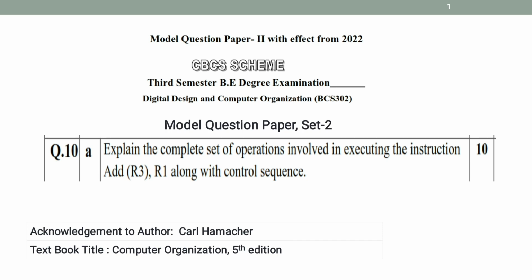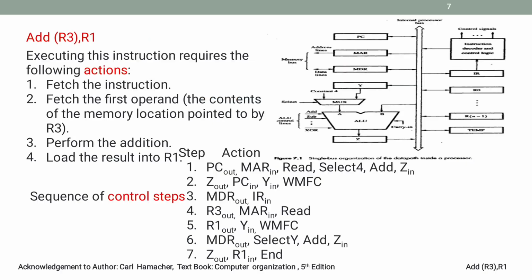Explain the complete set of operations involved in executing the instruction add (R3), R1 along with the control sequence. For that we listed the needed 4 actions and 7 steps of the control sequence. Next we moved on to the single bus organization of the data path inside a processor, for all the basics needed to answer this question.